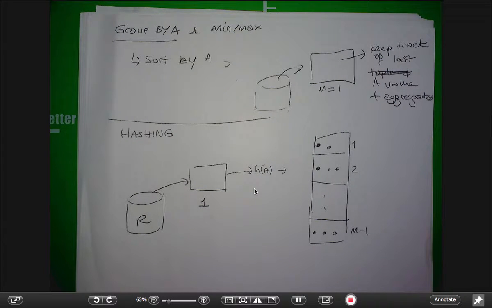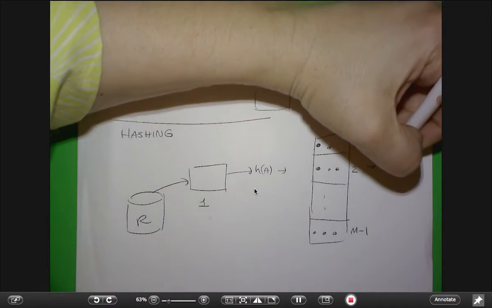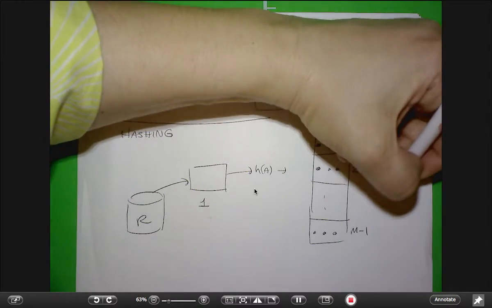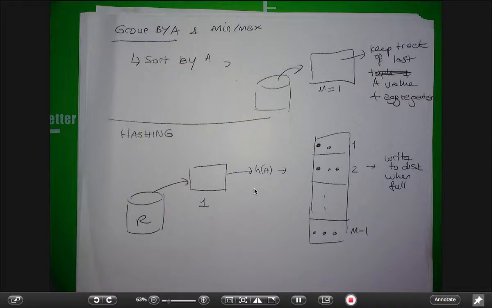If at some point one of the blocks fills up, it's possible, because if your relation doesn't fit in m-1 blocks, then you cannot hash all in memory, right? So this is a multipass. If you cannot fit in memory, that means once this becomes full, I have to write it to disk. Basically think of this as reading the relation and then dividing it into hopefully m-1 equal groups.